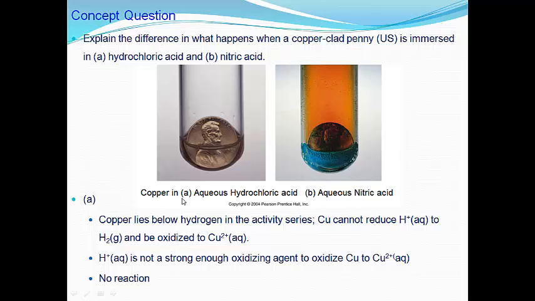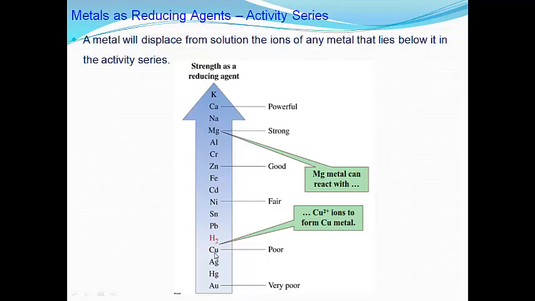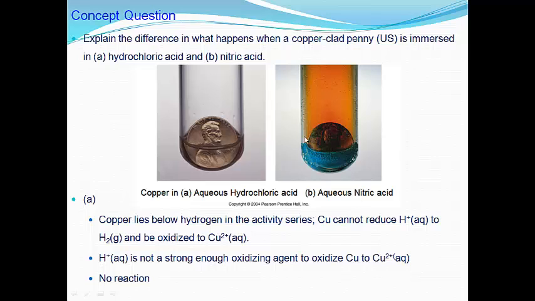Now we go back to what we know about the ability for a metal to become a reducing agent or to become oxidized. If you go back to the activity series, we see that copper again lies lower in the activity series, just lower than H2.